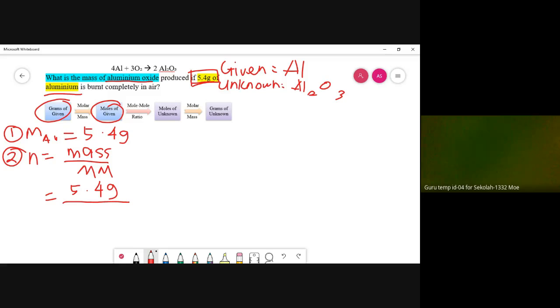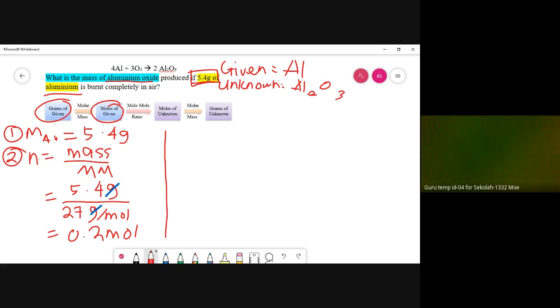And the molar mass for aluminium is, tengok dekat buku teks tu, berapa? It is 27 gram per mole. Nampak? Then, you kira, you akan dapat 0.2 mole. Kenapa mole sahaja unit dia? Kita boleh potong gram dengan gram. So, sekarang you akan dapat 0.2 mole sahaja.